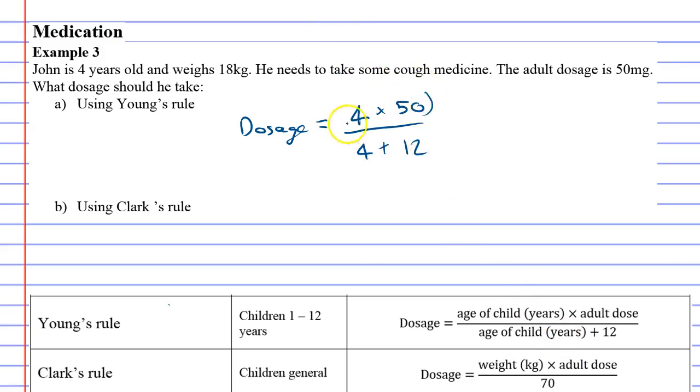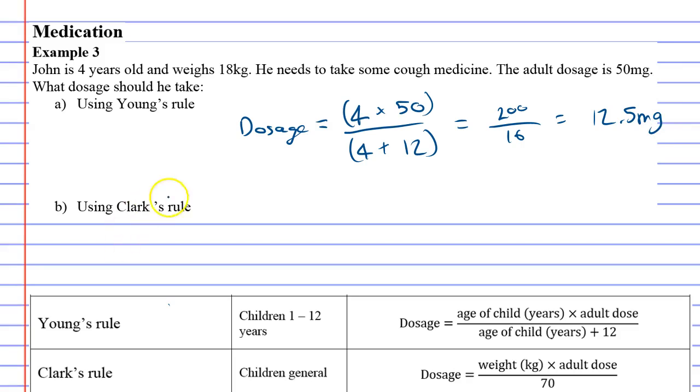Just remember when you have fractions, you should put the top and bottom in brackets when you work it out. 4 times 50 is 200, and 4 plus 12 is 16, and 200 divided by 16 is 12.5. So if an adult takes 50 milligrams, John should only take 12.5 milligrams.